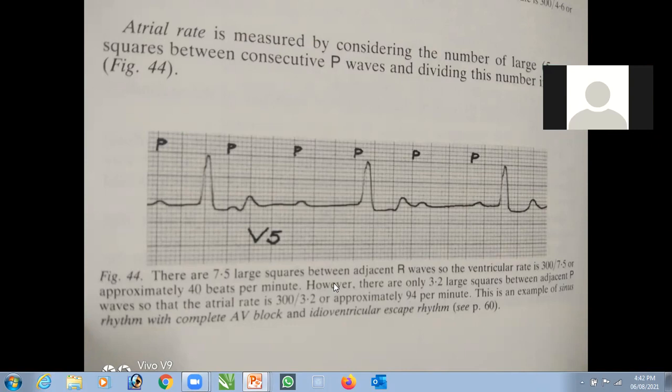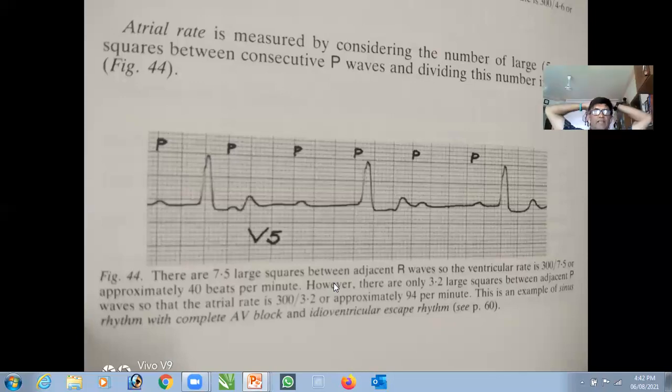However, there are only 3.2 large squares between adjacent P waves, so the atrial rate is 300 divided by 3.2 or approximately 94 per minute. This is an example of sinus rhythm with complete AV block and idioventricular escape rhythm. Can anyone explain the last line?